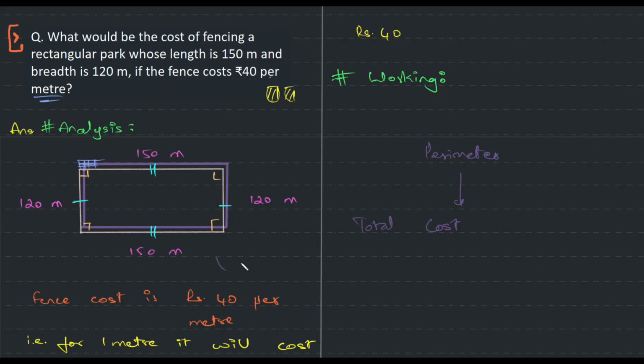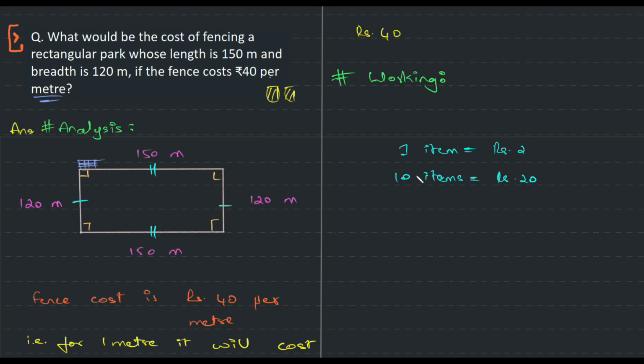So as simple as that. It's like buying one item. Say I'll take a simple number, 2 rupees. If I have to buy 10 items, you have to figure out how much it will cost me. 20 rupees. So basically you'll multiply 2 and 10.